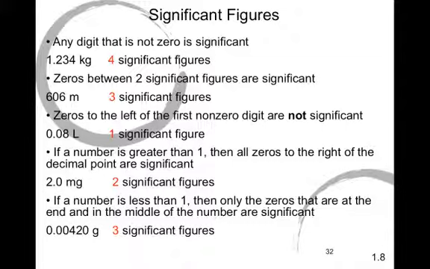The zeros are where it gets tricky. So zeros that are between two significant figures are significant.